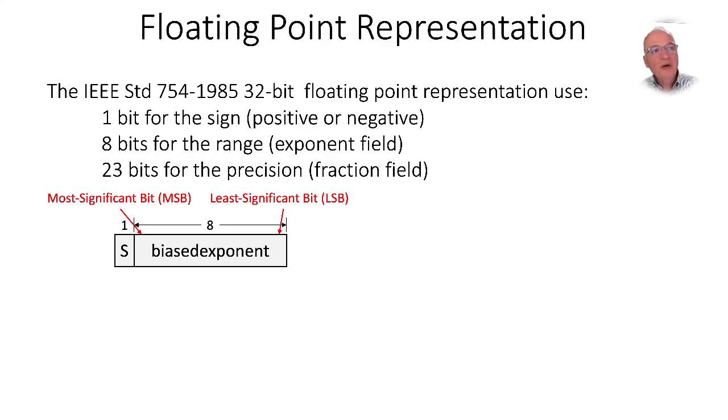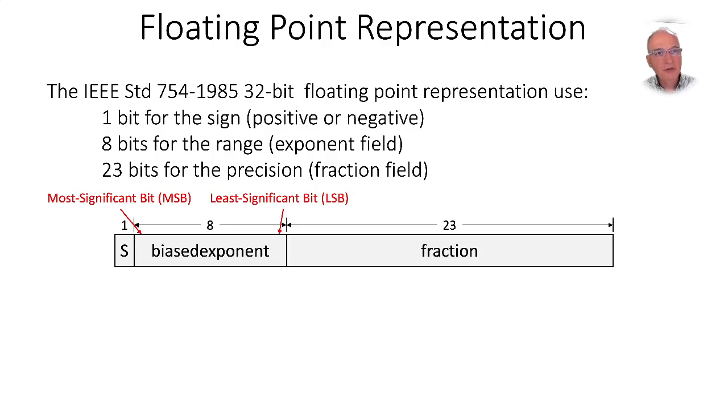And then the 23 remaining bits are used for the precision, or what we also call the mantissa or the fraction field. So the fraction uses 23 bits, and again the most significant bit of the fraction is on the left, and the least significant bit of the fraction is on the right.